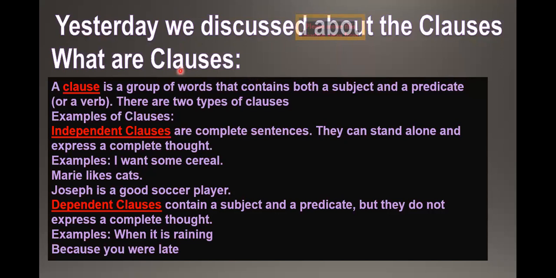So again, there are independent clauses and dependent clauses. Basically, clauses are divided into two different types, that is independent and dependent.